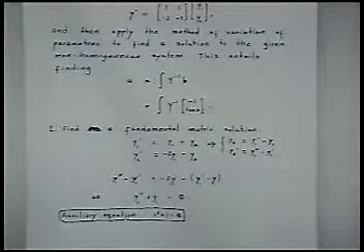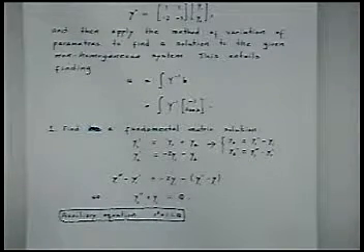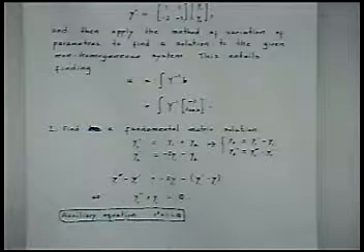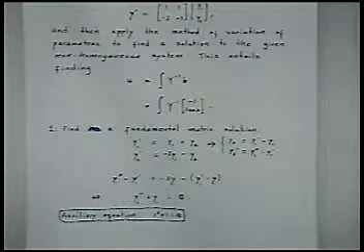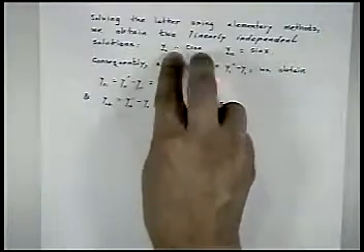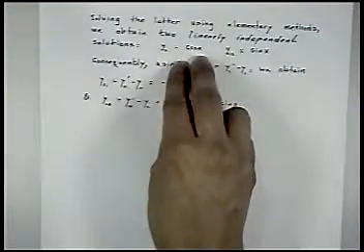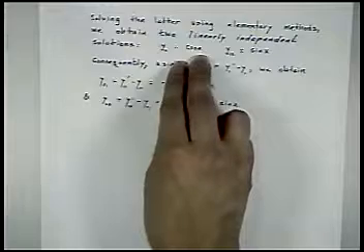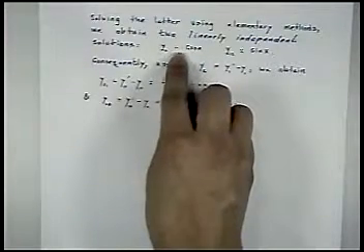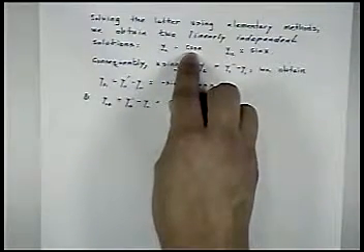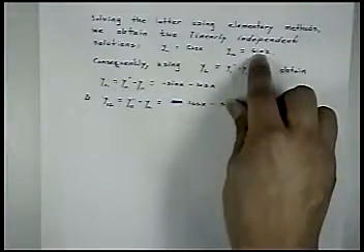The auxiliary equation is r squared plus 1, which yields r equals i or negative i. When that happens, we know how to get two linearly independent solutions to this second order equation. One of those is cosine of x, the other solution is sine of x.